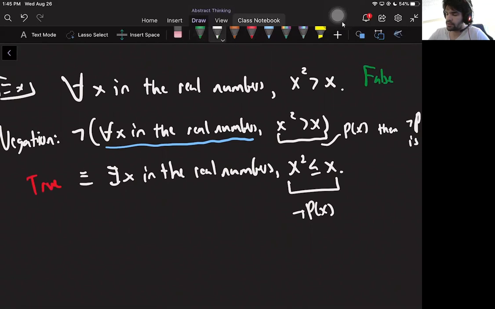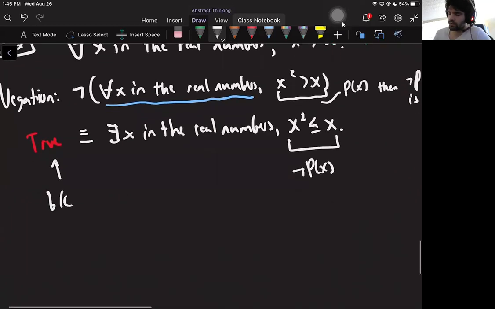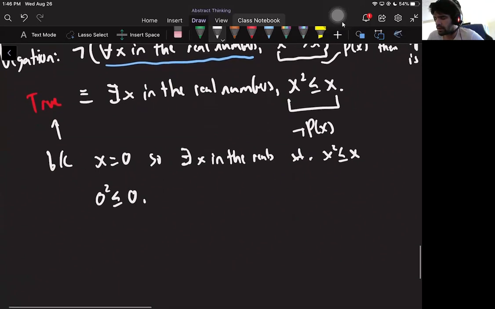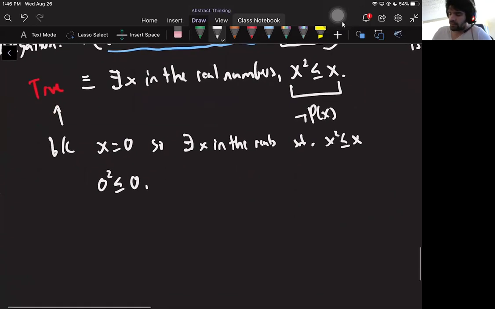And it's true because there are times when x squared is less than or equal to x. For example, 0. So there does exist an x in the reals such that x squared is less than or equal to x, because if I use 0, I get 0 squared is less than or equal to 0. You don't even have to use 0, actually. There's lots of things that work. You could use like a half.